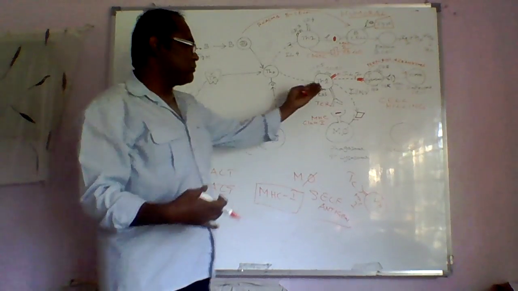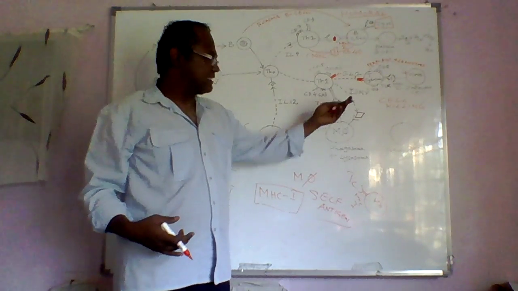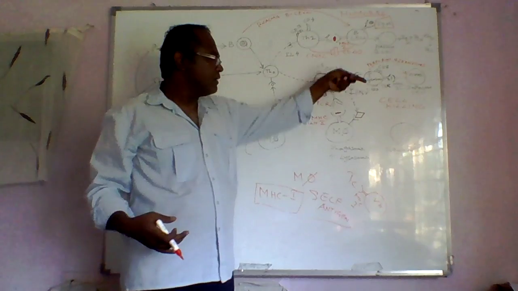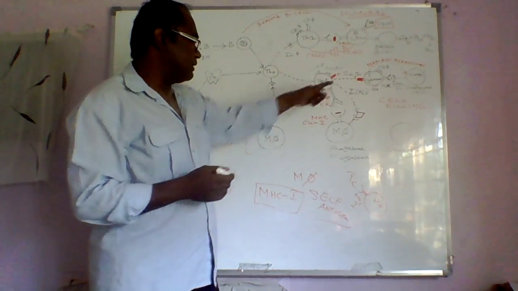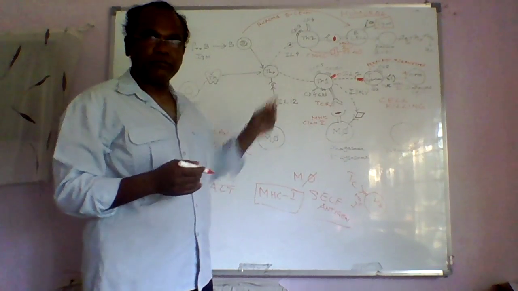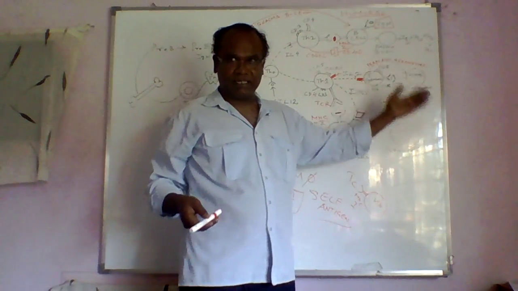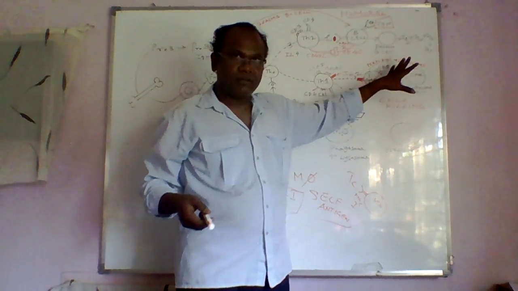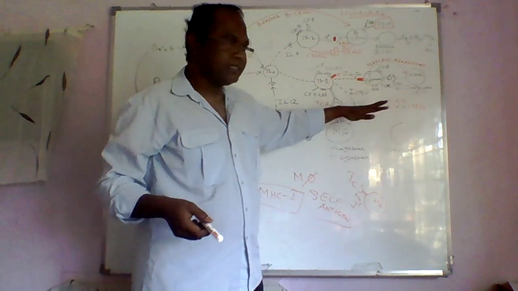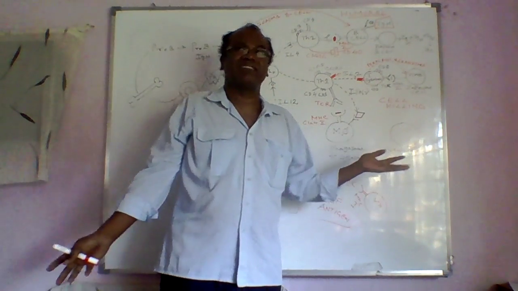So again more TH1 is activated. So that's another thing which you see over here. TH1 will again activate, the interleukin 2 will again activate more of this TH1. And then cytotoxic T cell perforin granzyme, pore-forming, release of the toxic substances causing cell apoptosis or cell lysis.